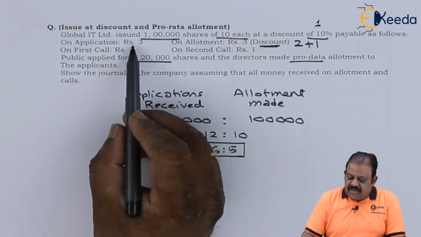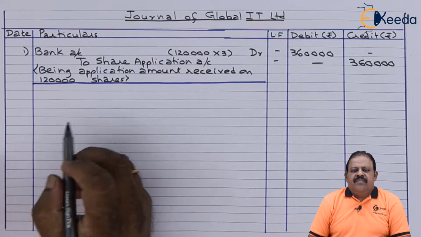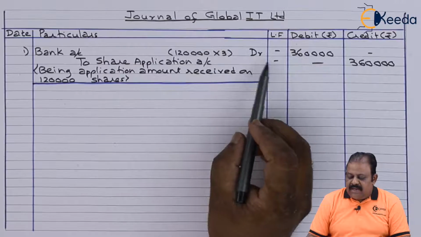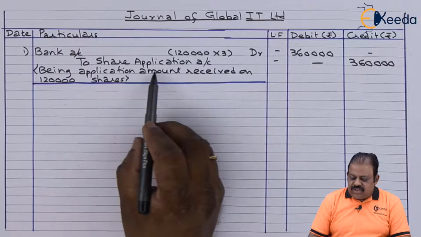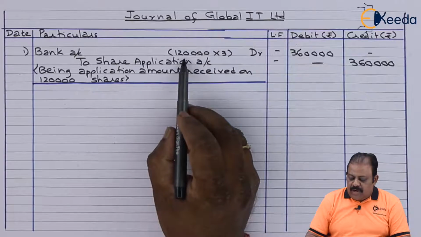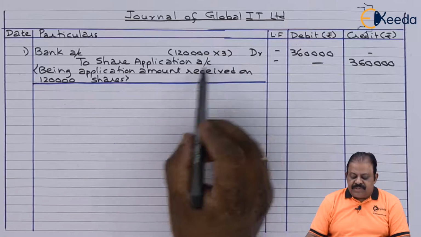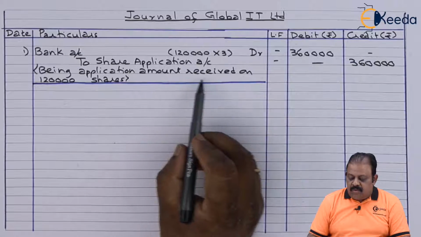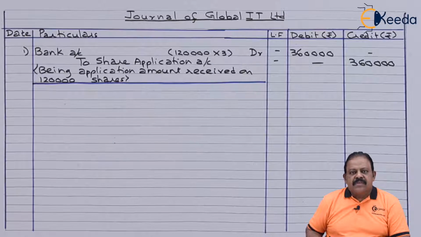On each application, the company receives rupees 3. First entry is bank account debit 3,60,000 to share application account 3,60,000. That is on 1,20,000 shares the company has received 3 rupees per share, being application amount received on 1,20,000 shares.